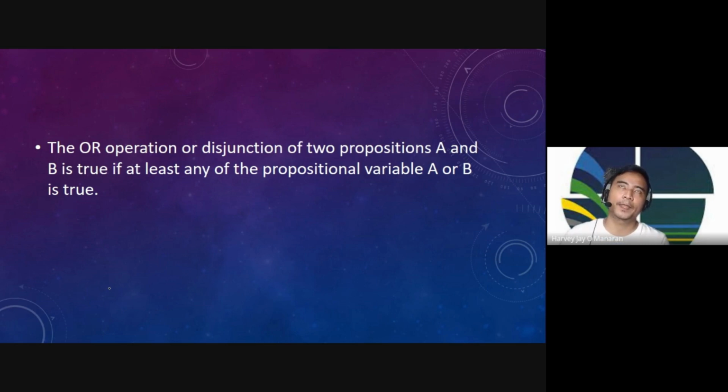If any of the variables inside an element is true, automatically it returns the value of true. So when does it become false? When both values or variables of your element are false, automatically it returns the value of false.